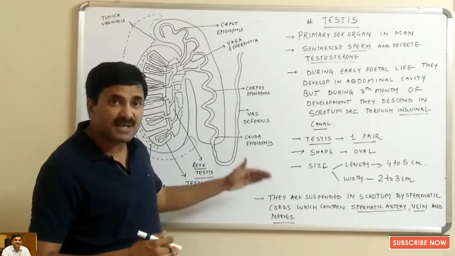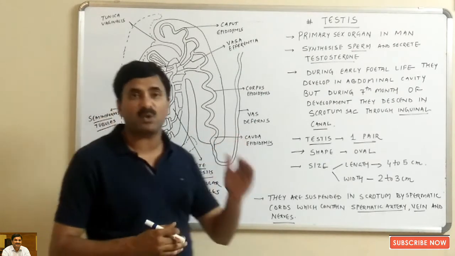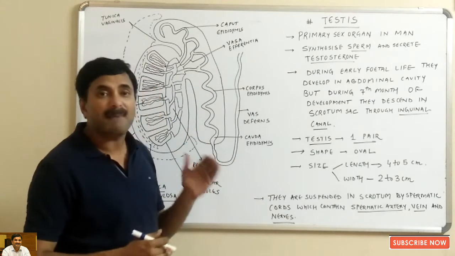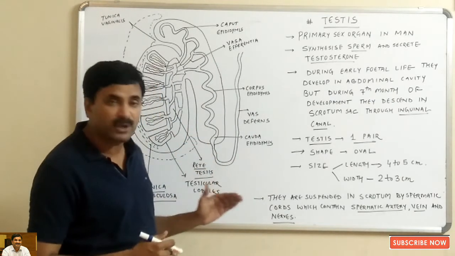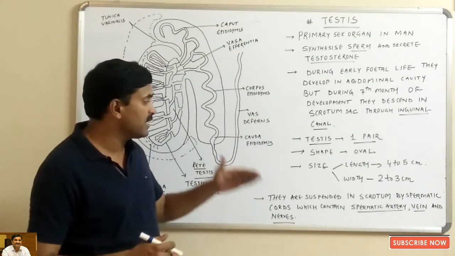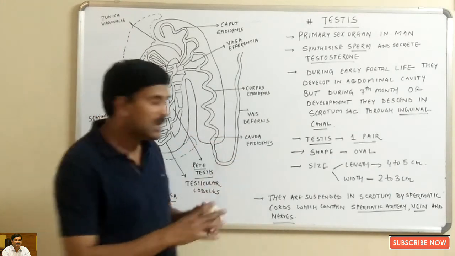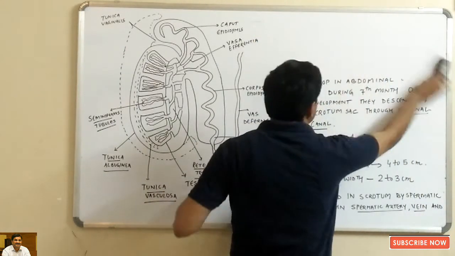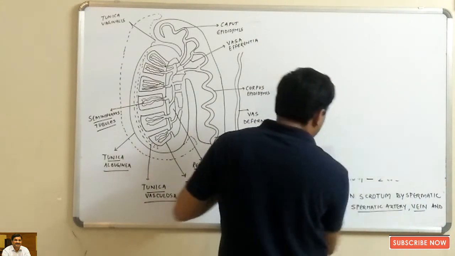And the testes are suspended in the scrotum by the spermatic cord, and this spermatic cord contains the spermatic artery, the veins, and the nerves.